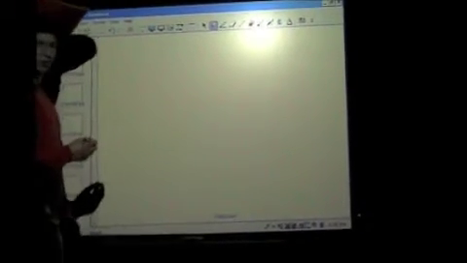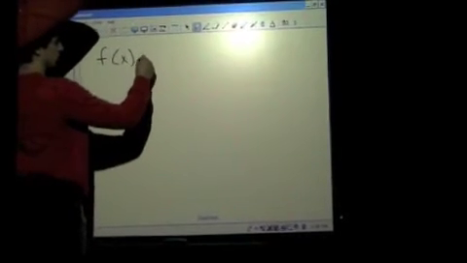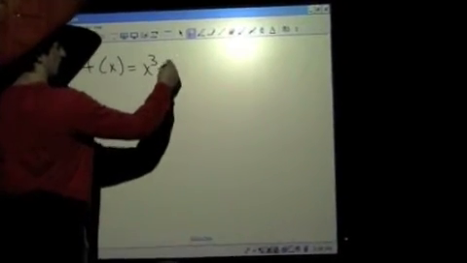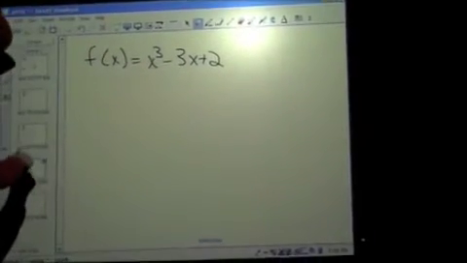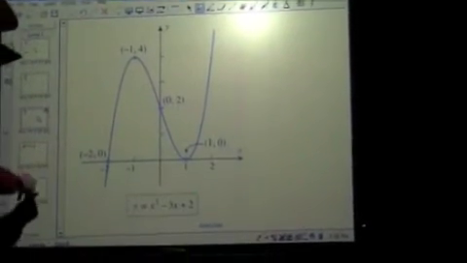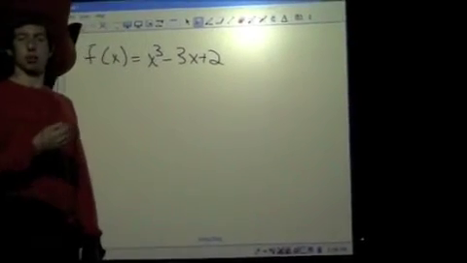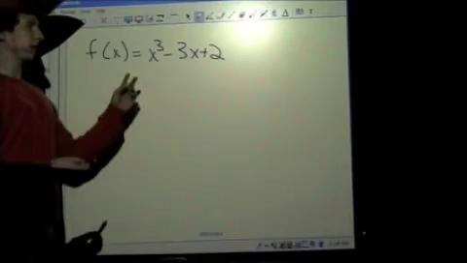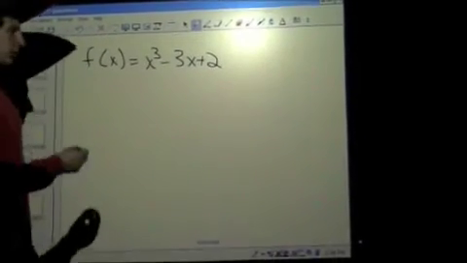If we have the original function, f of x equals x cubed minus 3x plus 2, and we take its derivative, we can then set the derivative equal to 0 to find the x values at which the slope of the tangent line equals 0.